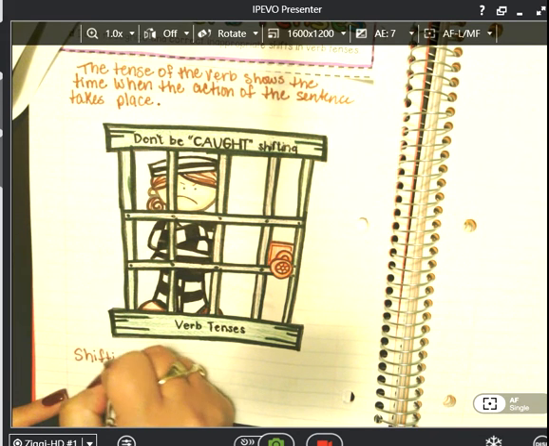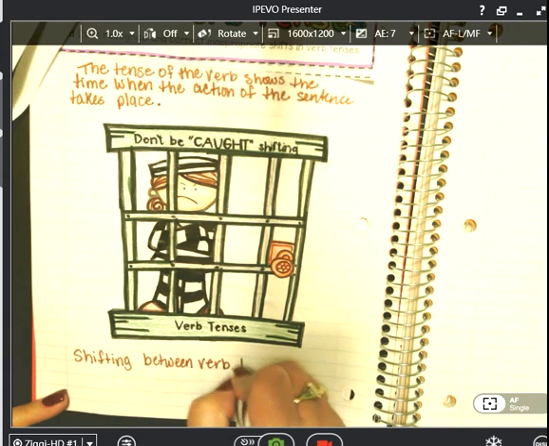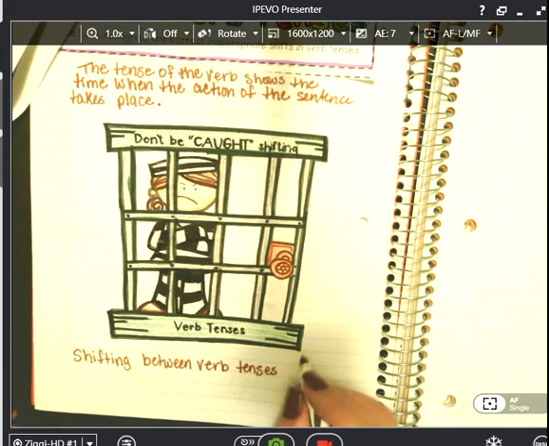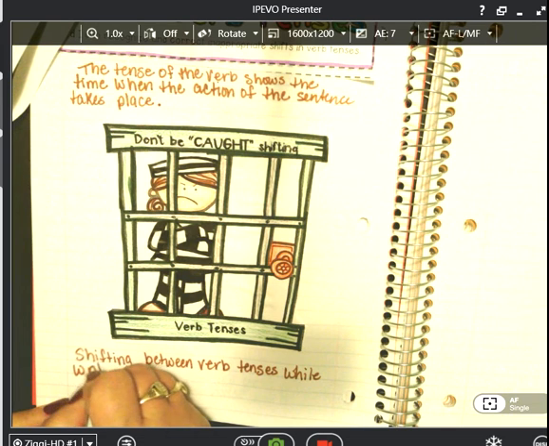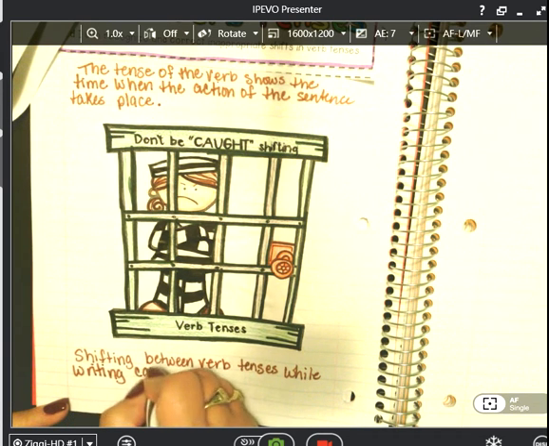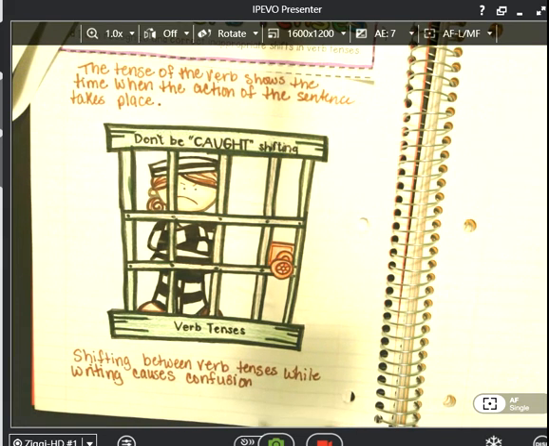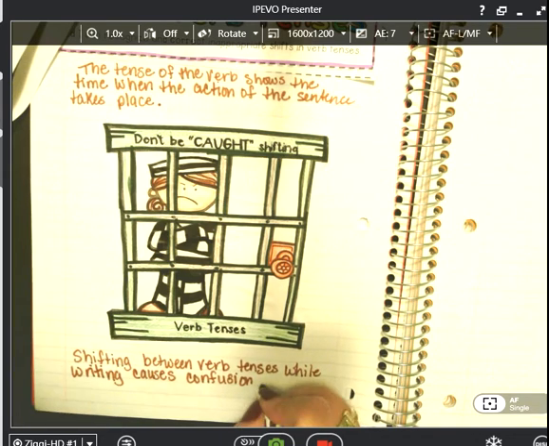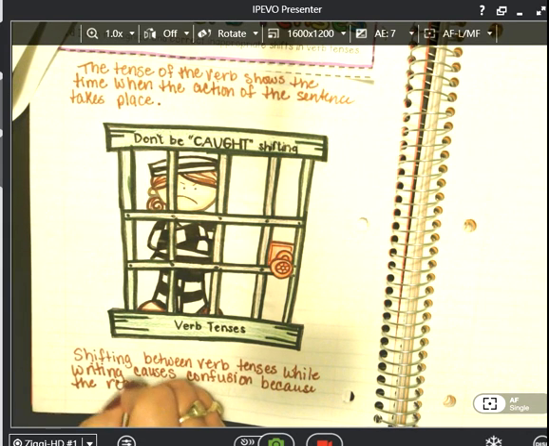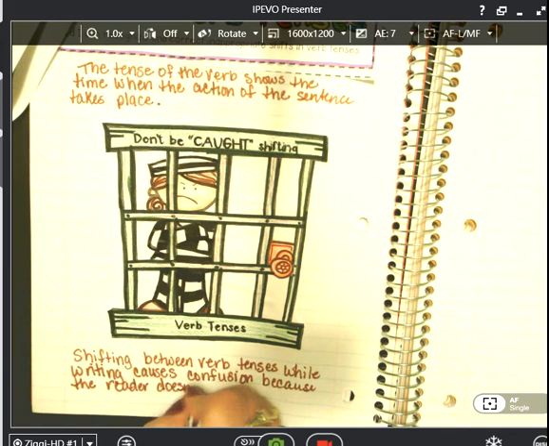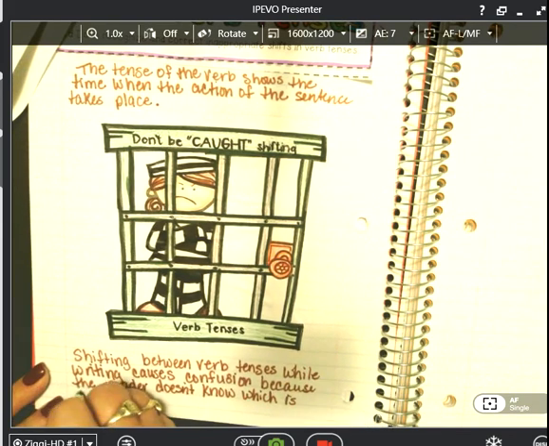So shifting between verb tenses while writing causes confusion because the reader doesn't know which is correct.